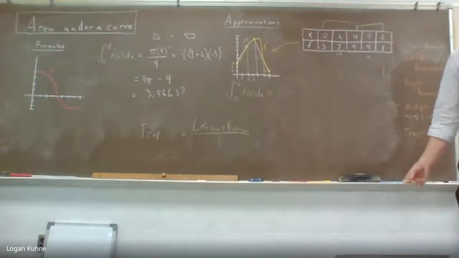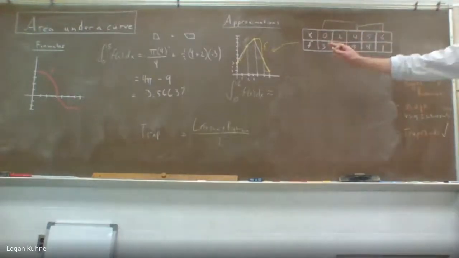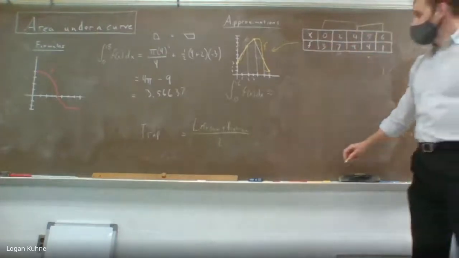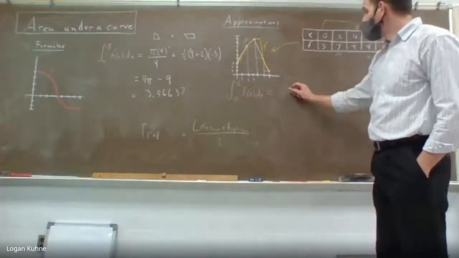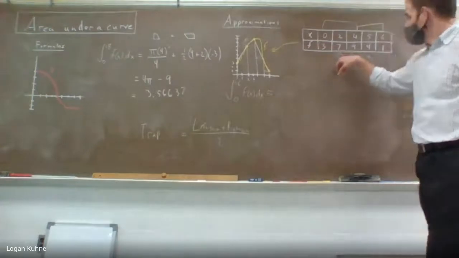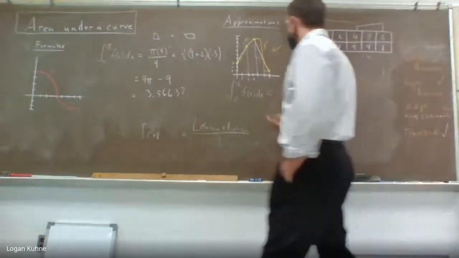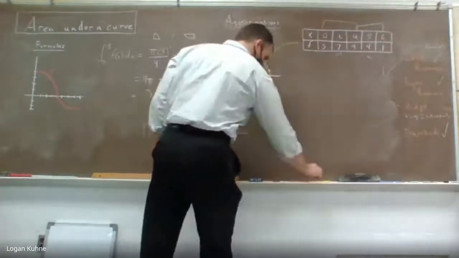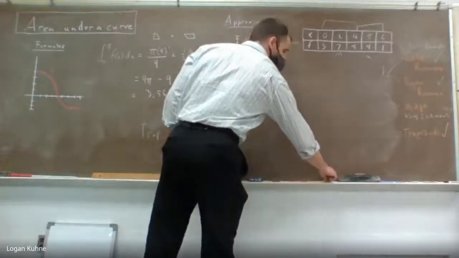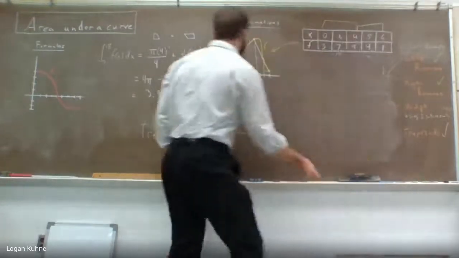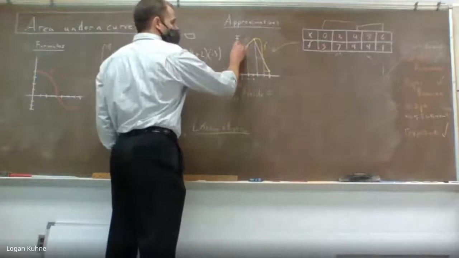And we just make boxes again. Just make boxes. Okay? So, what does that look like? It looks like, I'm going to use a different color here. Use green. It looks like this.